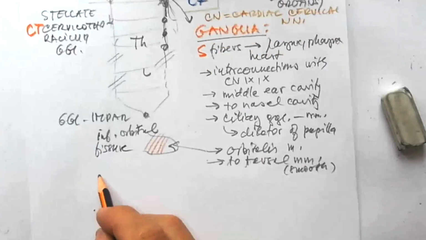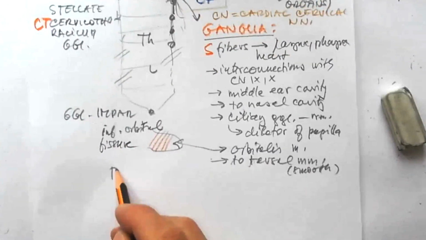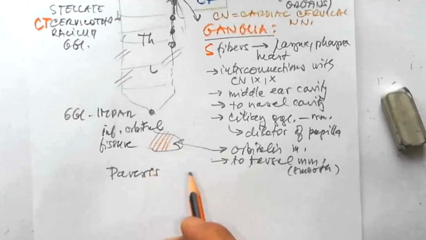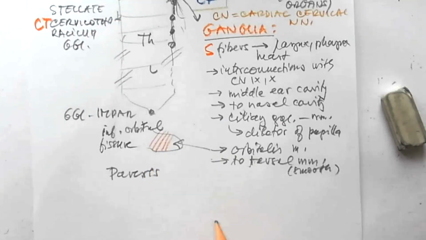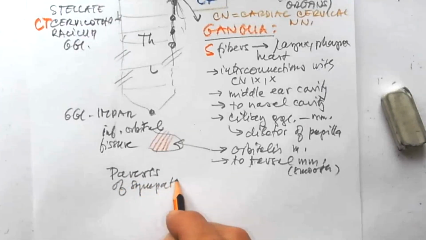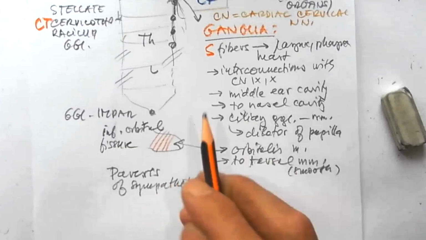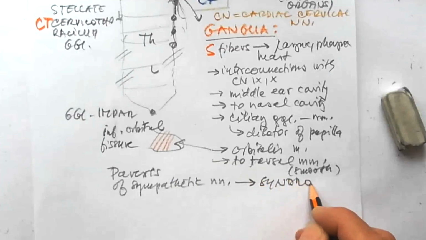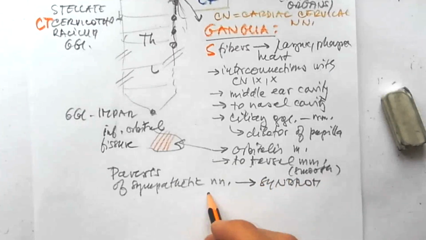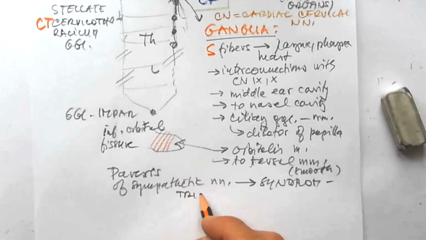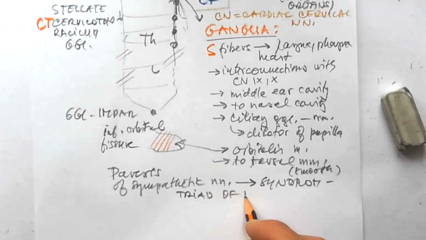And any damage, we would say paresis, that means damage, and in modified function, paresis of sympathetic nerves in this area causes the syndrome called the triad of Horner.